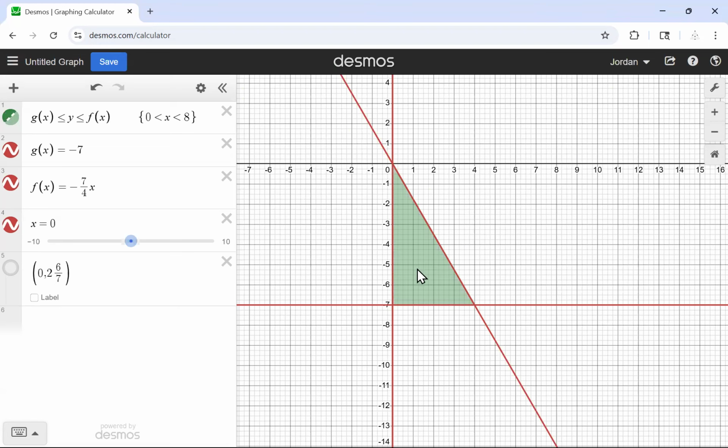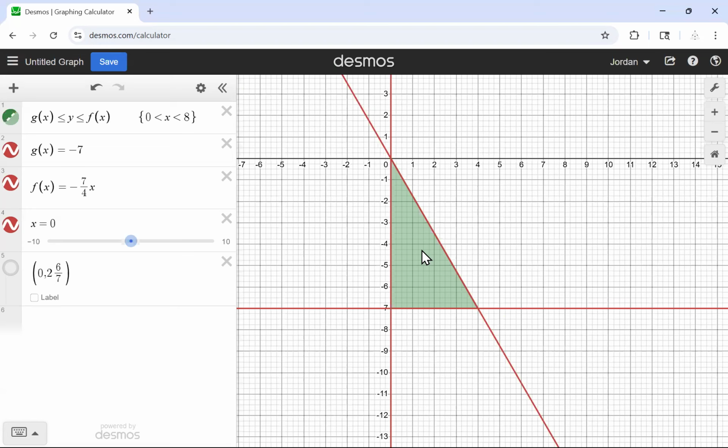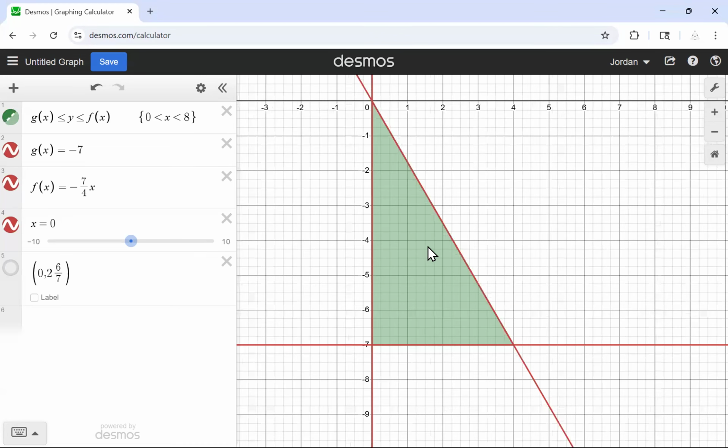So we're looking at this area here. So -7/4 x is going to be my f of x because that's on top. And y equals -7 is going to be my g of x because that is on bottom.